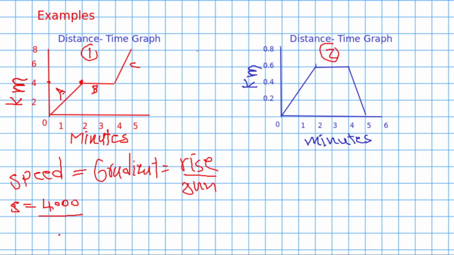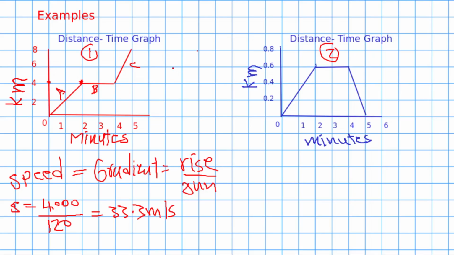To convert 2 minutes to seconds, we multiply by 60. So 2 times 60 gives us 120. So the speed will be 4,000 divided by 120, which is equal to 33.3 meters per second. So this is the speed of this car on this section.